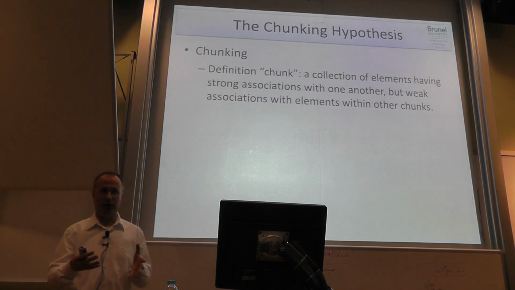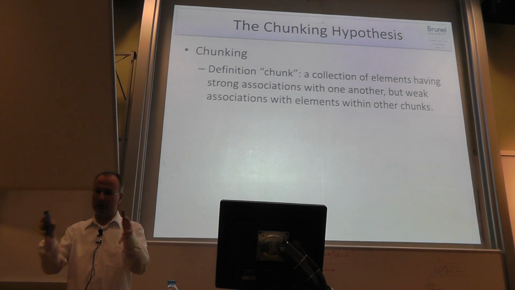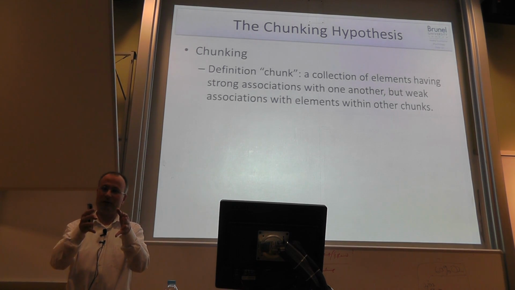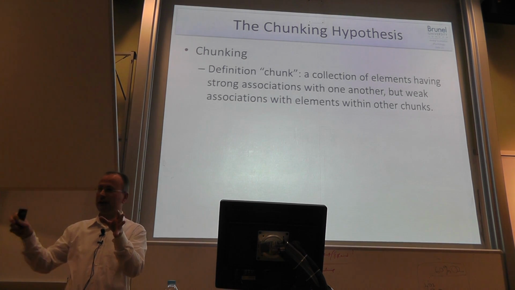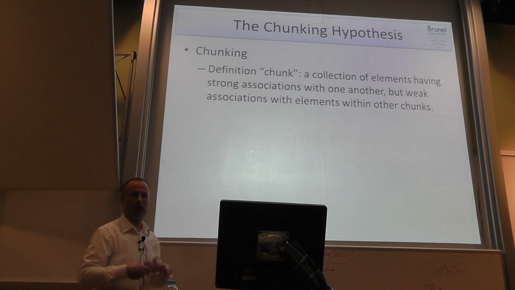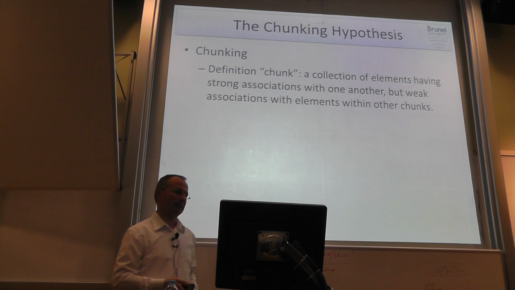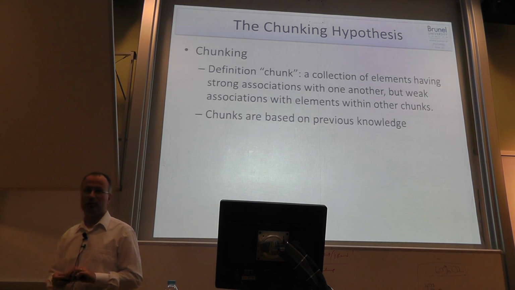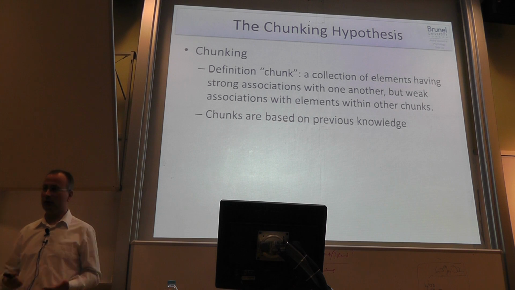So like in a word, when the letters can be grouped into a word, we group them together and they have a close association, but a loose association to the letters of the other words. So a word forms a chunk in that example. And these chunks are based on previous knowledge. So we have to learn that.